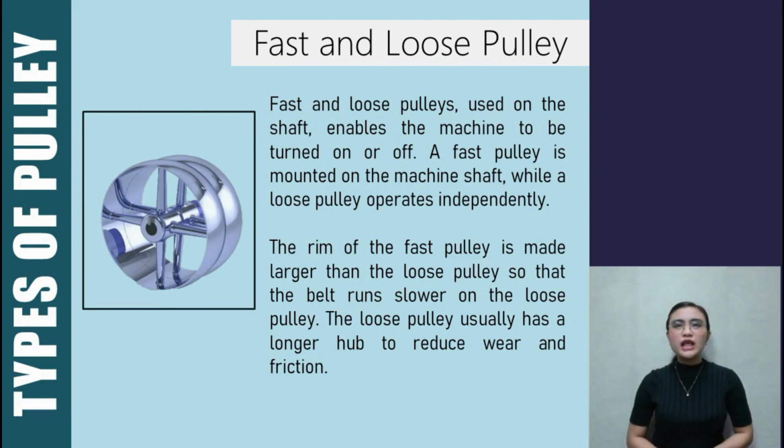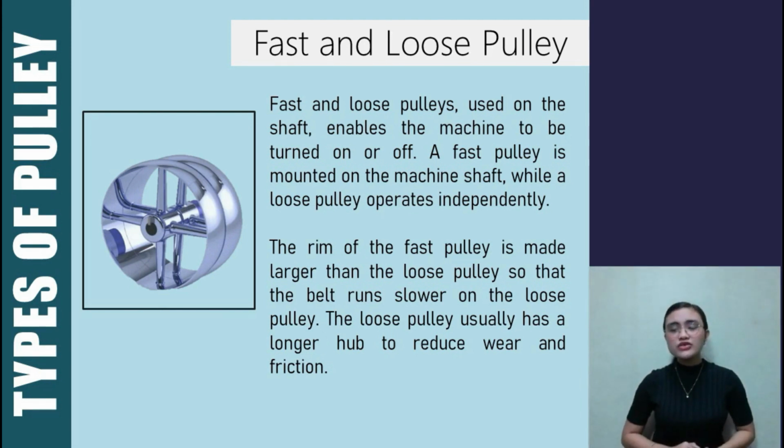For example, the rim of the fast pulley is made larger than the loose pulley for the reason that the belt runs slower on the loose pulley. The loose pulley usually also has a longer hub to reduce wear and friction and requires proper lubrication.